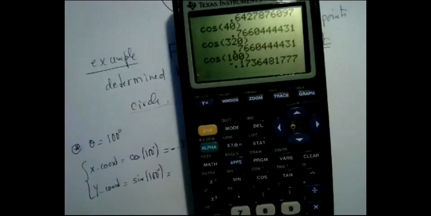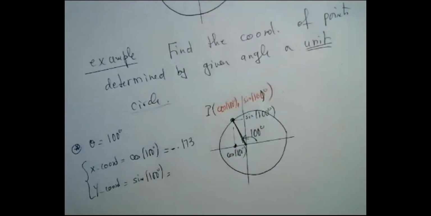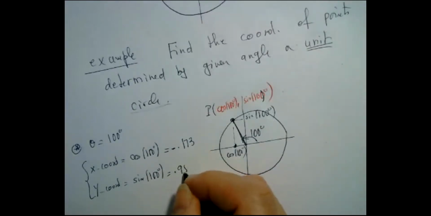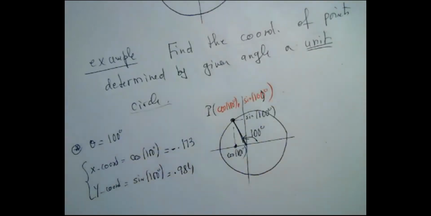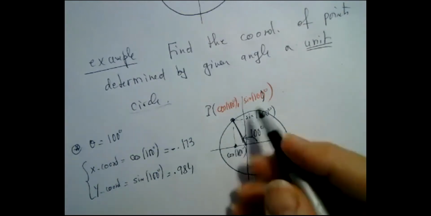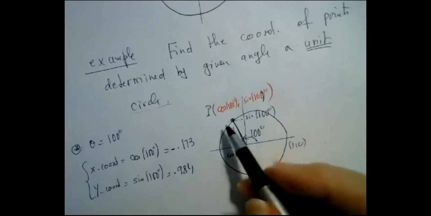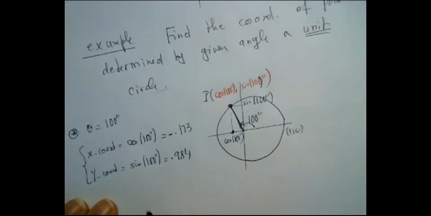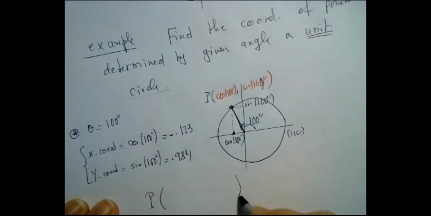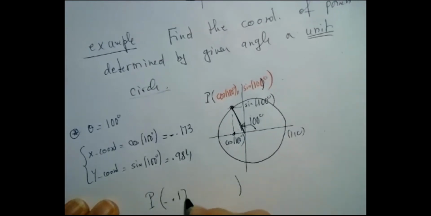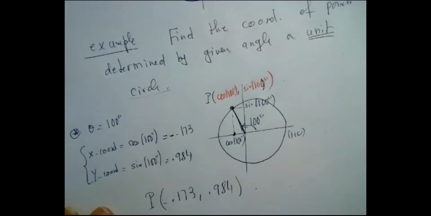So let's see. The sine of 100 is 0.984. So in those problems, we're moving in a way backward. I give you the angle, and you have to find the x and y coordinates, and the x, y coordinates are the cosine and sine. So the point P has coordinates (minus 0.173, 0.984).